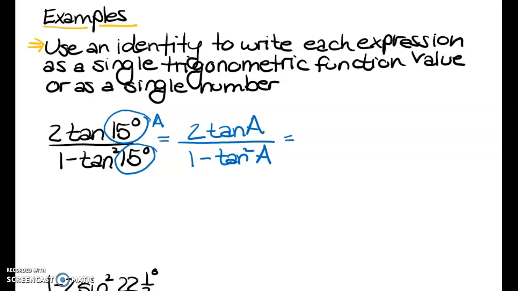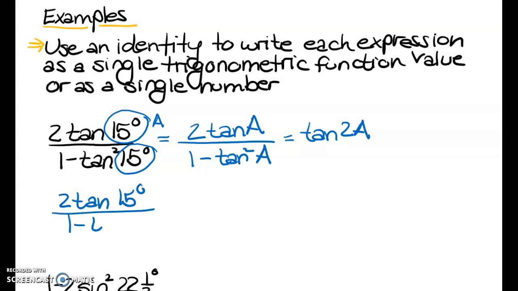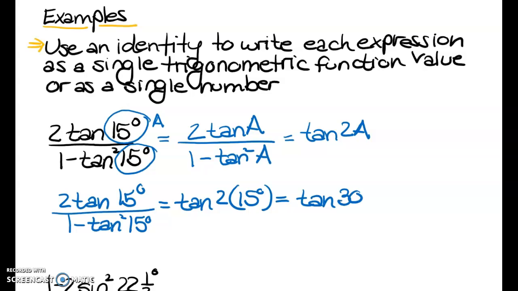So I know that this equals the tangent of 2A. So I know that 2 tangent of 15 degrees over 1 minus the tangent squared of 15 degrees equals the tangent of 2 times 15 degrees equals the tangent of 30 degrees.